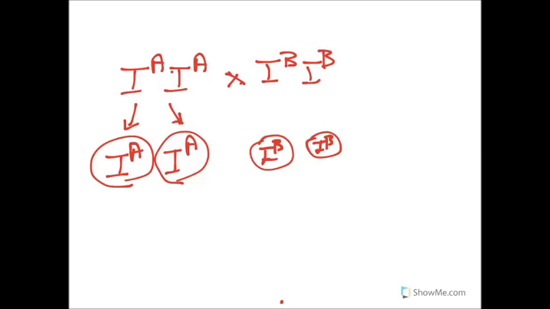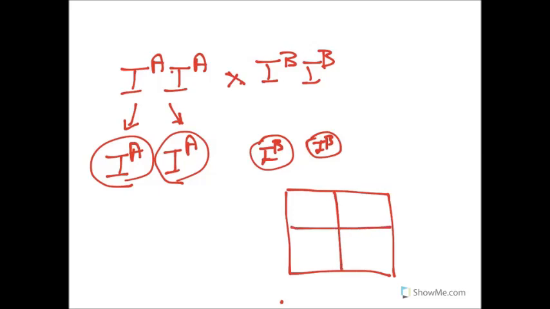So what we do with that then is we take these and we put them into a Punnett Square, which is a probability matrix for figuring out what happens when two events are combined. Let's do the IA here, where one gamete goes at one spot and another gamete goes at the other spot. Let's just do IB, IB here. It doesn't matter which one goes on the top, which one goes at the bottom.